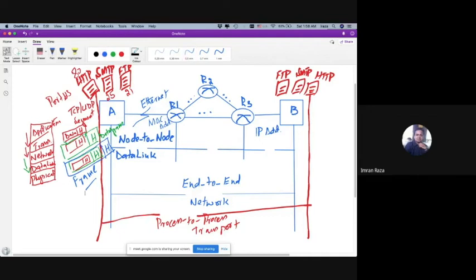By the way, if I make a decision to send data from R1 to R2 to follow this path, for example, what will be the source MAC address and what will be the destination MAC address when the data is forwarded from R1 to R3? We'll have your answers in our live session.